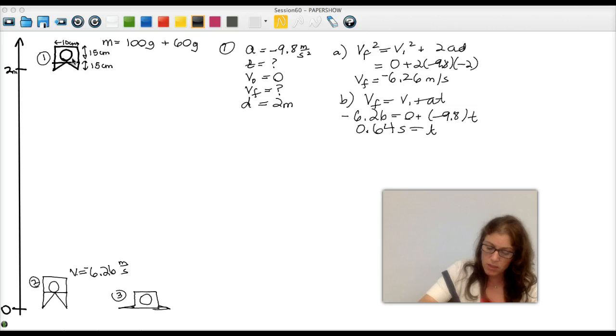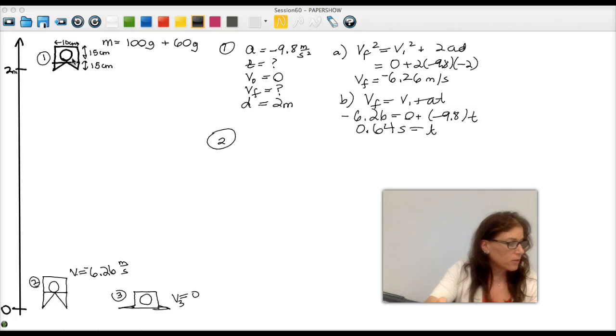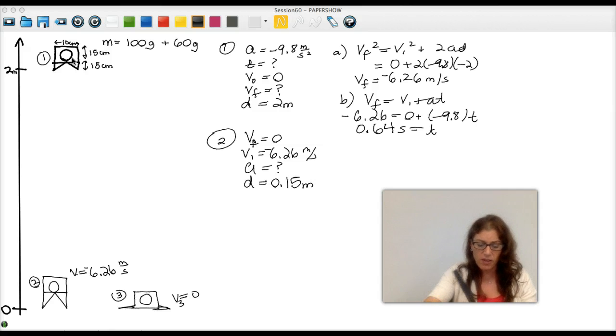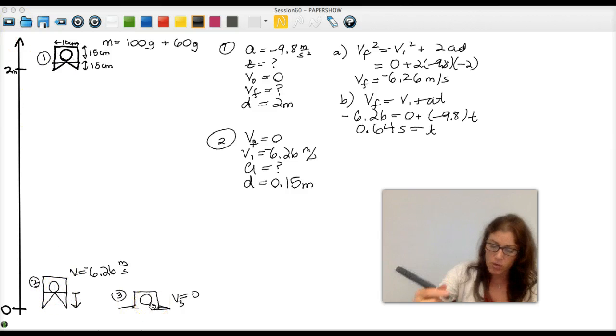So now we come to a stop. The question is to find the acceleration while it comes to a stop. So we have v final is 0, v initial for this stage is negative 6.26. We want acceleration, and we know the displacement is 15 centimeters or 0.15 meters, when it squishes down from position 2 to position 3.